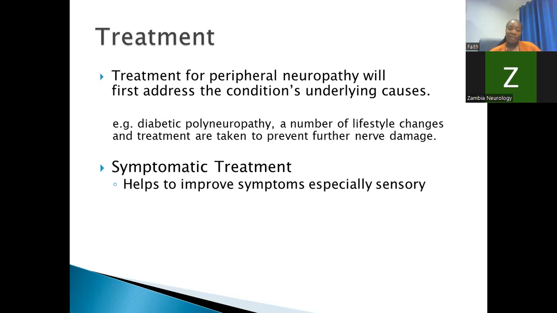And this applies for any other infectious, inflammatory, malignant state that the patient might actually have. You would want to treat the underlying cause because that is what is causing the peripheral neuropathy. Otherwise, when it comes to treatment, it's mostly symptomatic to help improve symptoms, especially the sensory symptoms.